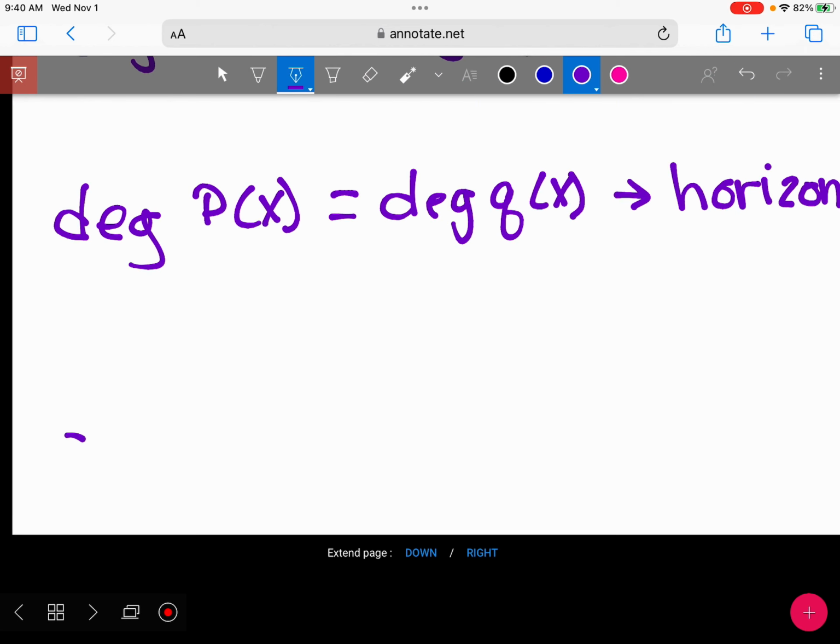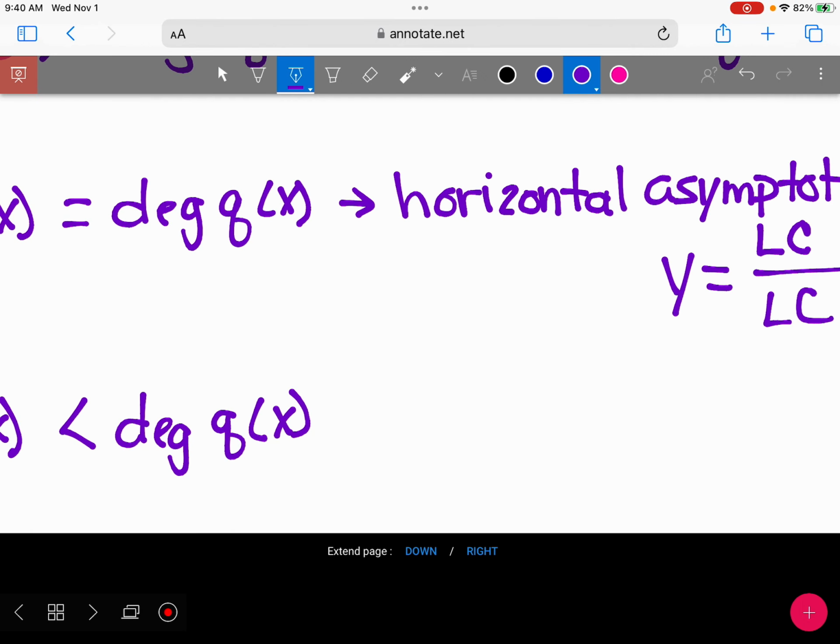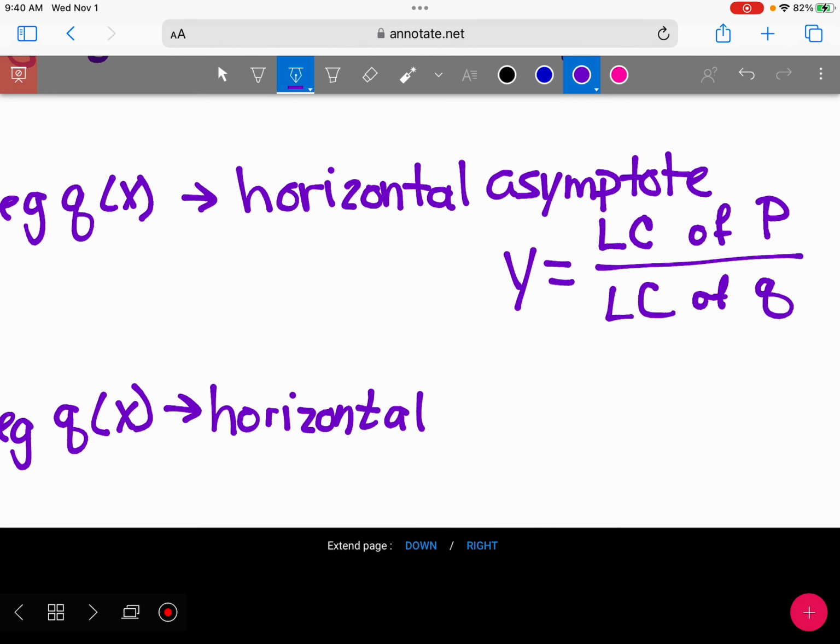If our degree of P of x is less than the degree of Q of x, so if we have a bottom heavy, this is going to have a horizontal asymptote, but it's going to be at y equals 0.